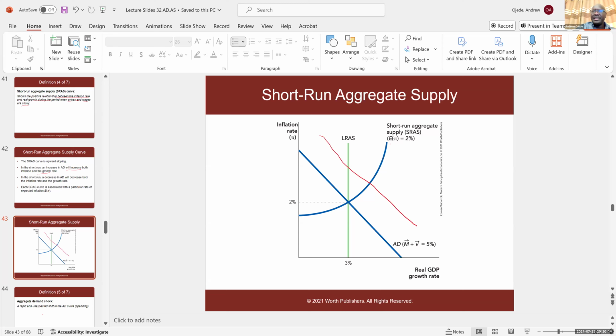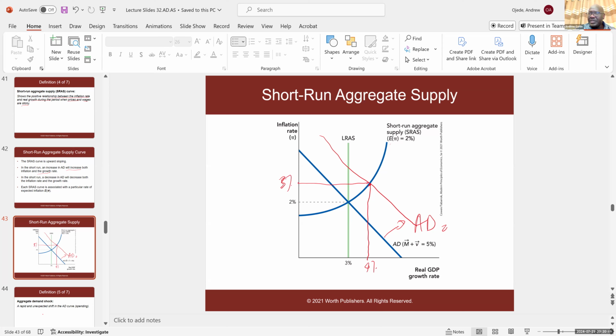Now you can see, according to Keynes, when the aggregate demand curve shifts to the right, because Keynes is the one who believes in this upward-sloping short-run aggregate supply curve, that means changes in demand can affect real growth. The GDP growth can go up to, say, 4%, and inflation may climb to, let's say, 3%. I'm just putting a number here.